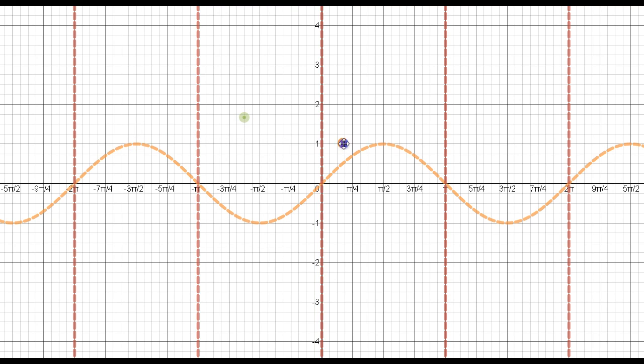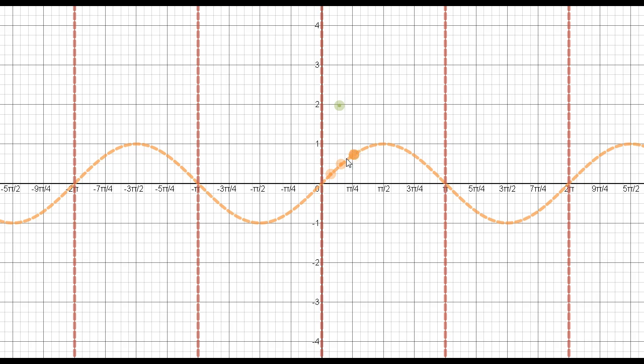So let's say I look at right about here. To me it looks like that y value is 1/2. The reciprocal of 1/2 would be 2. So the same x value would have the y coordinate of 2 for my cosecant graph.